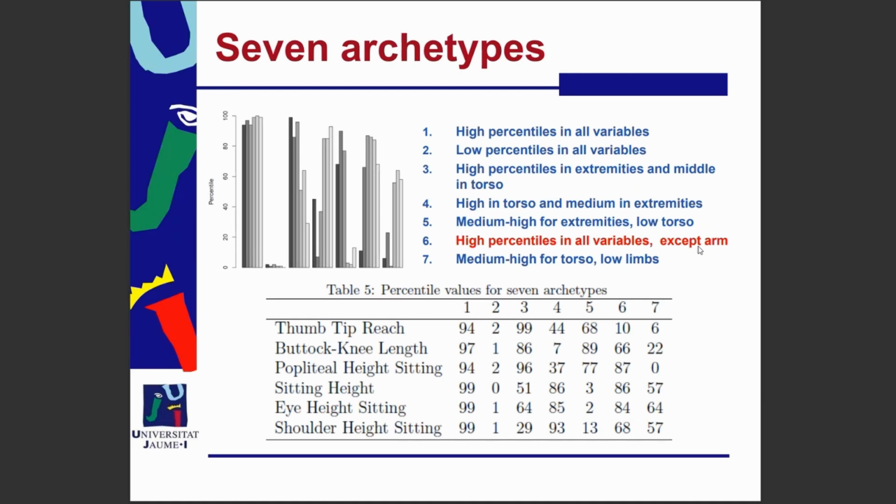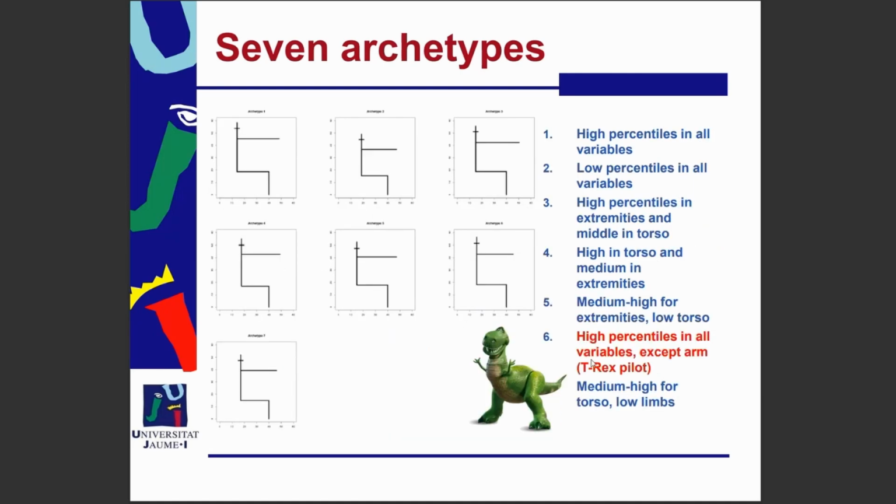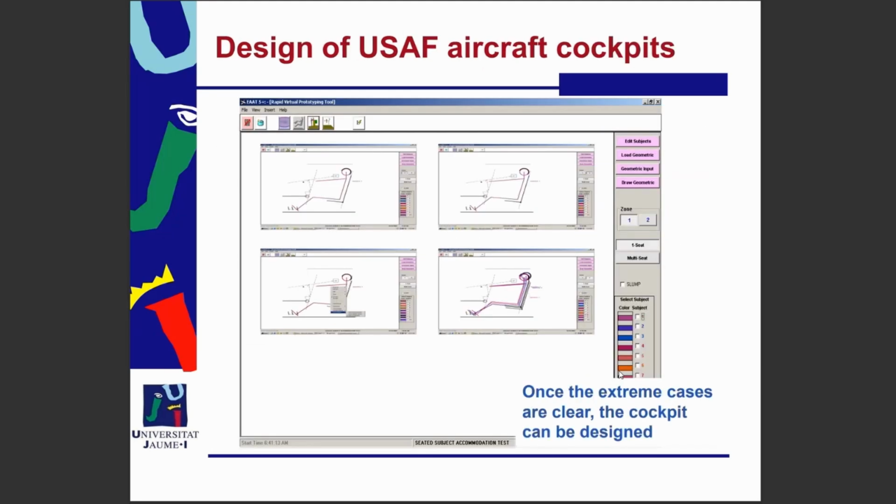So I want to highlight this T-Rex pilot, which could not be recovered with principal component analysis, but only with archetypal analysis. And as said before, we gave the extreme cases to the designer, and then the cockpit could be designed.